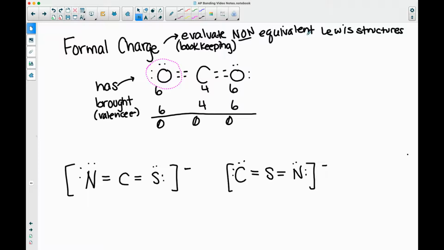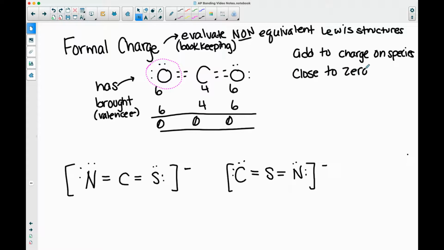Now, the rules are that the formal charges have to add to the charge on the species. This has an overall charge of 0. These have to add to 0. And they should be as close to 0 as possible.